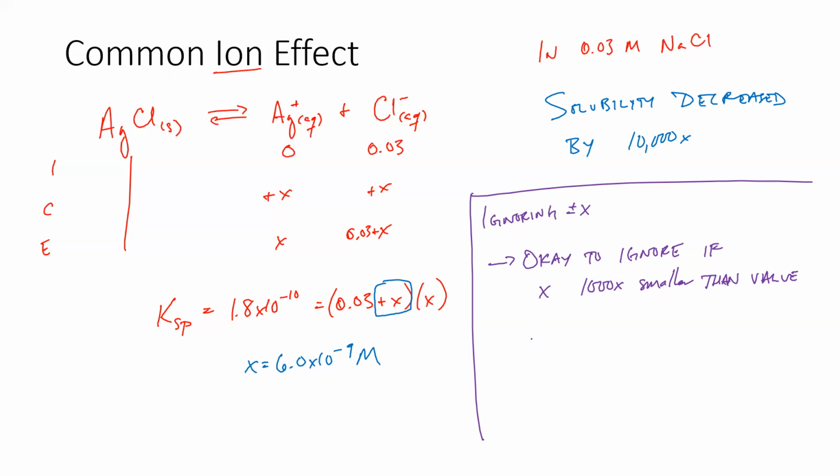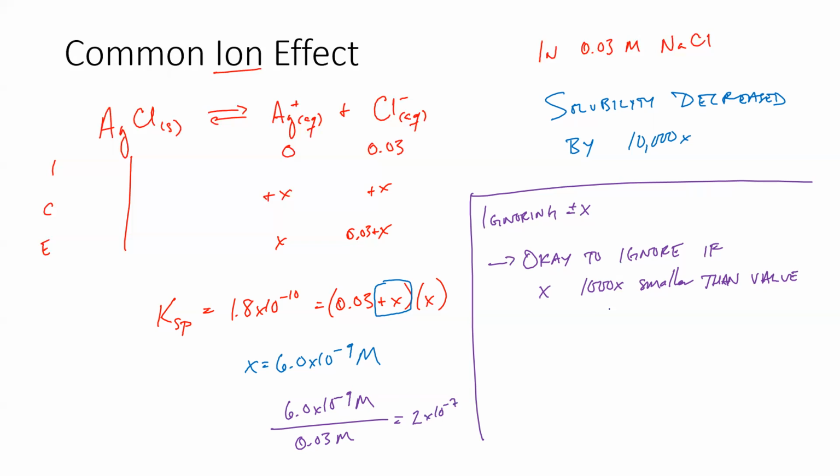For this one, X was 6.0 times 10 to the negative 9 molar, and we were talking about 0.03 molar. When we do that math, 6 times 10 to the negative 9 divided by 0.03, I get 2 times 10 to the negative 7.